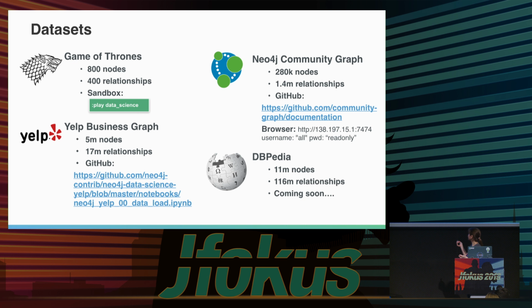Then we have a DBpedia example, which is pretty large. My colleague also has a Bitcoin example, but that one has several billions of nodes and relationships, so it's kind of unwieldy to run in a demo like this, but we do have the resources for it, so feel free to reach out if you're curious.